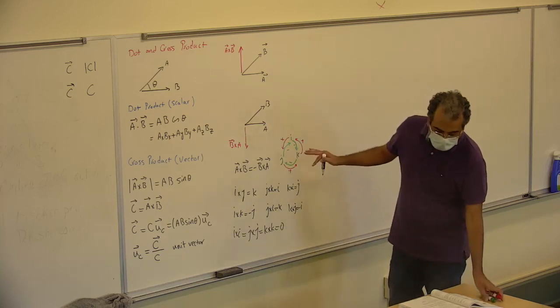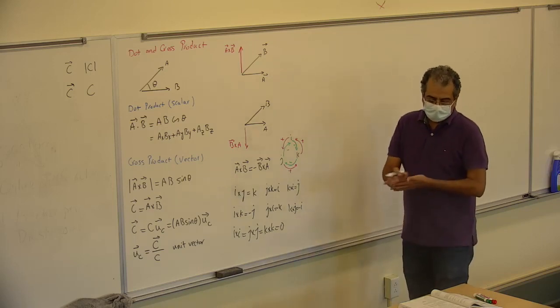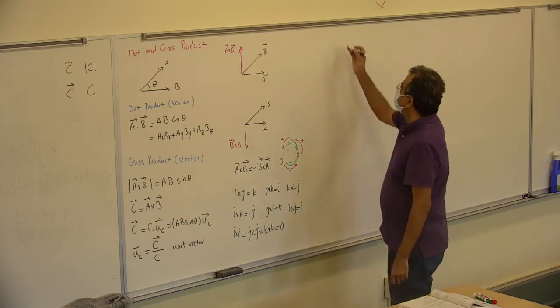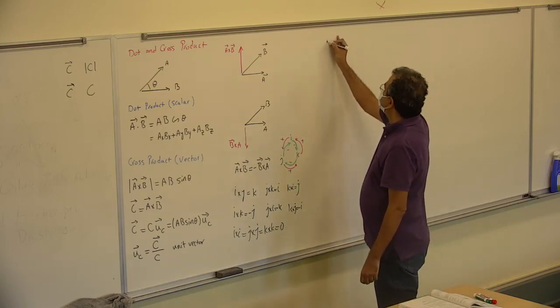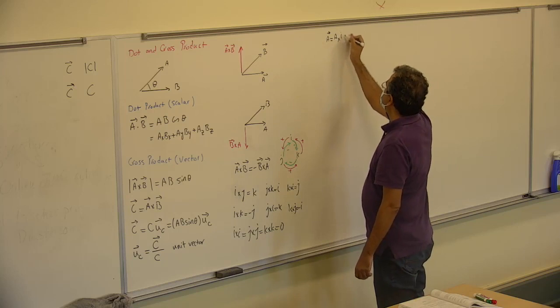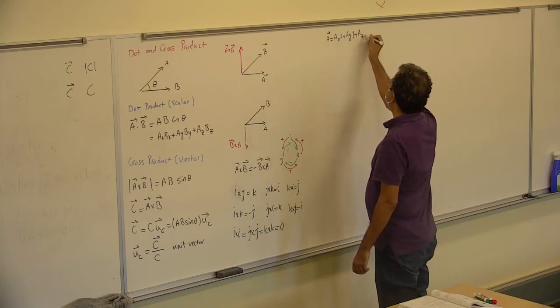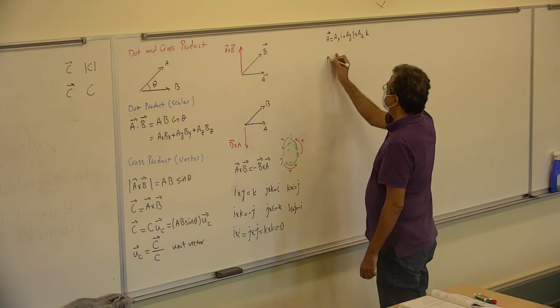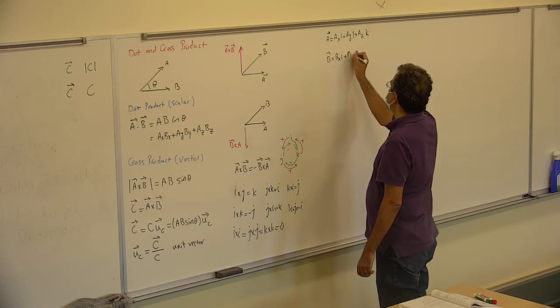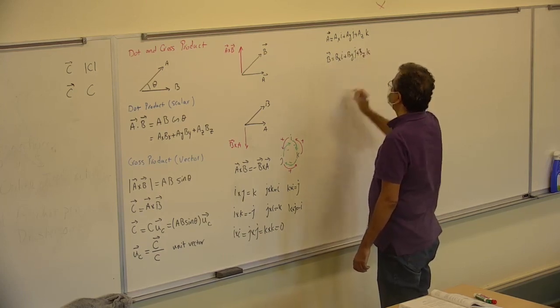Now that we know this, assume I have A, which is AX i plus AY j plus AZ k, and B, which is BX i plus BY j plus BZ k.